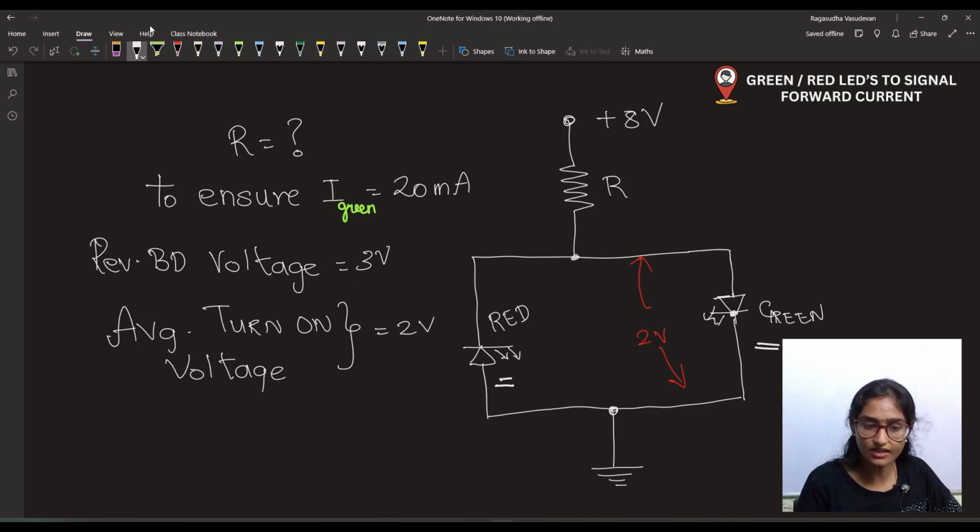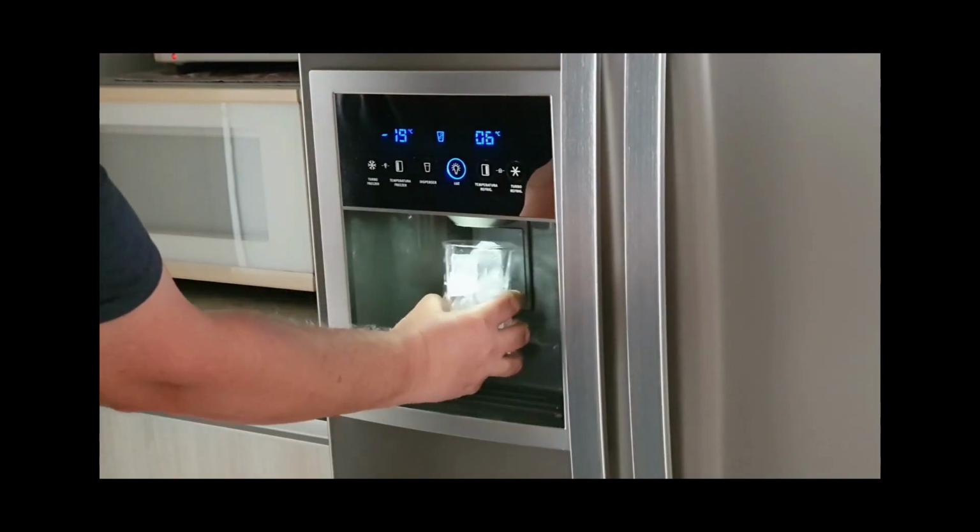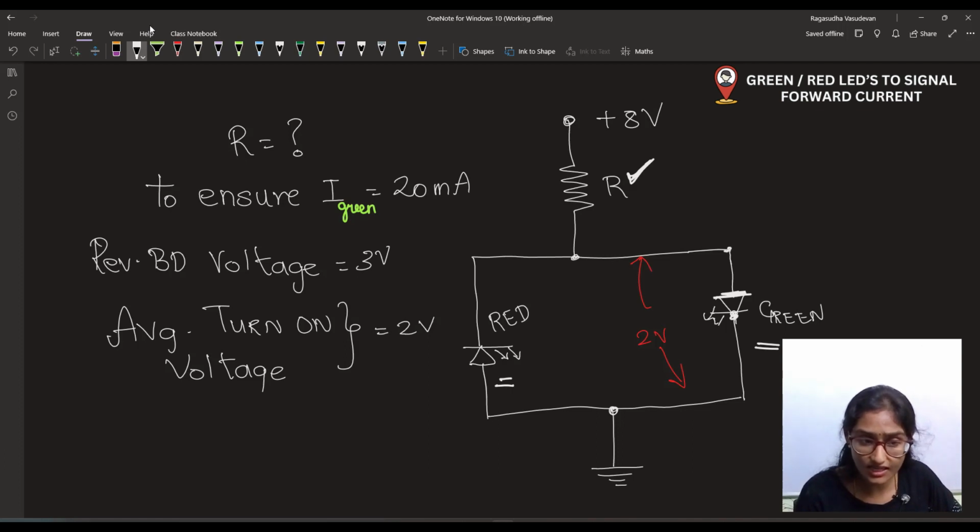If the green LED has to be on, the potential at this end should be greater than the potential at this end. Okay, so we have to design the value of R in such a manner that it doesn't take away so much of the voltage and it has a little amount of voltage at this end to be able to turn on the green LED.